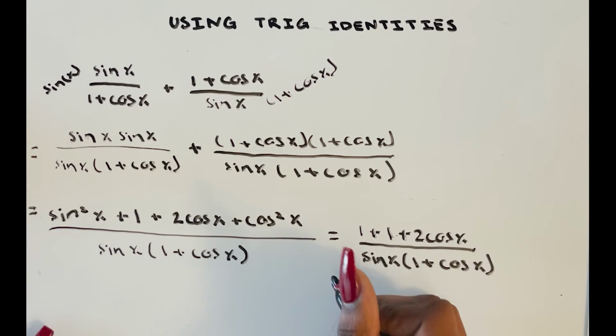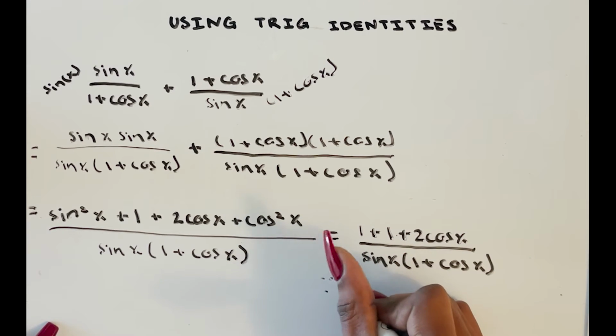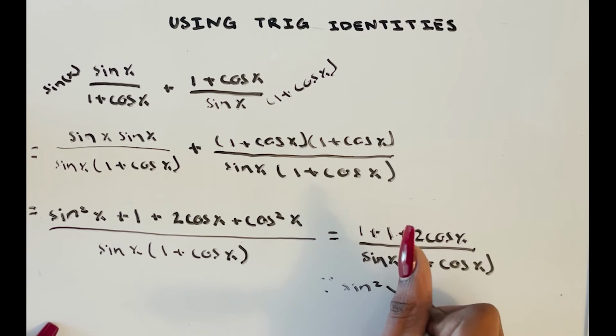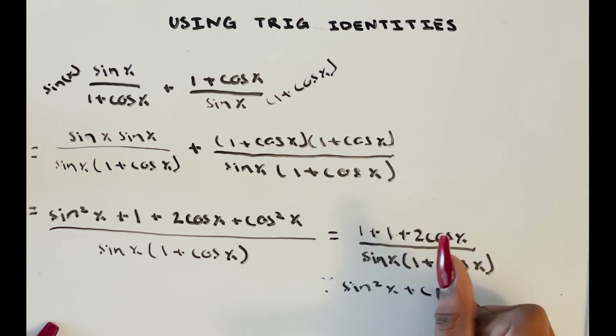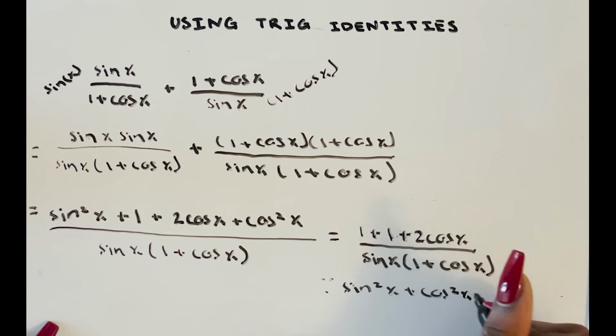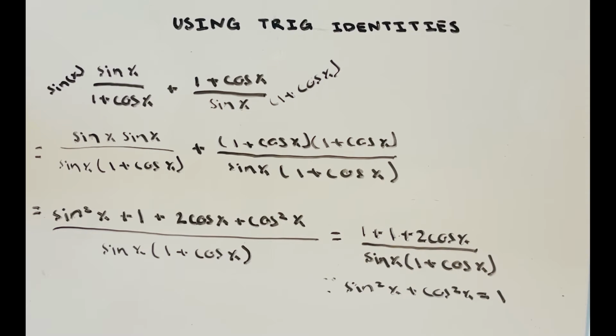And again, that is because of our trig identity, sine squared of x plus cosine squared of x equals 1. Now, take a moment to make sure that you have all of this written down. I'm running out of space, so I need to erase the board, and then we'll continue with simplifying this expression.